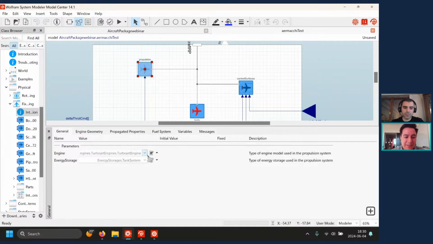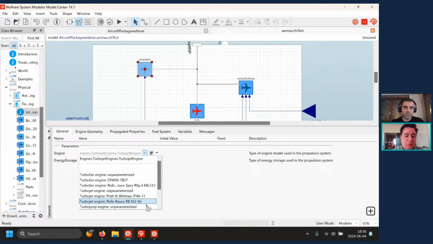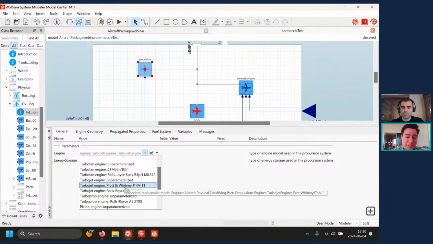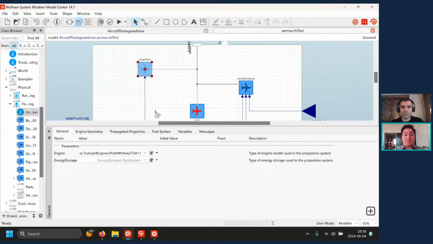For the engines, if we just put one that we also have preloaded, that should be enough. For example, it's a turbojet, so we'll just use this Pratt & Whitney JT4. If you have a better model of your turbojet, go ahead and use it. Maybe that's your main interest, like the propulsion plant. If not, just use one that's uploaded over here.